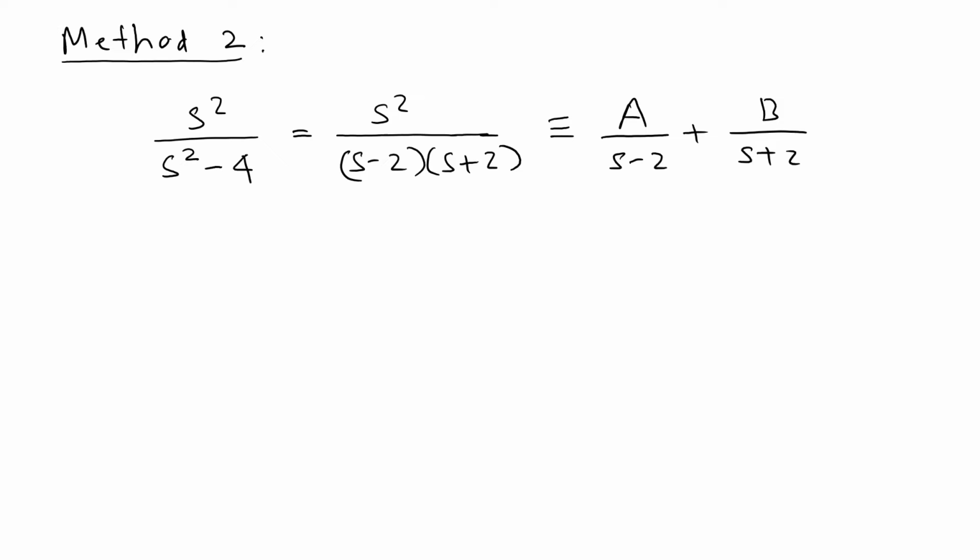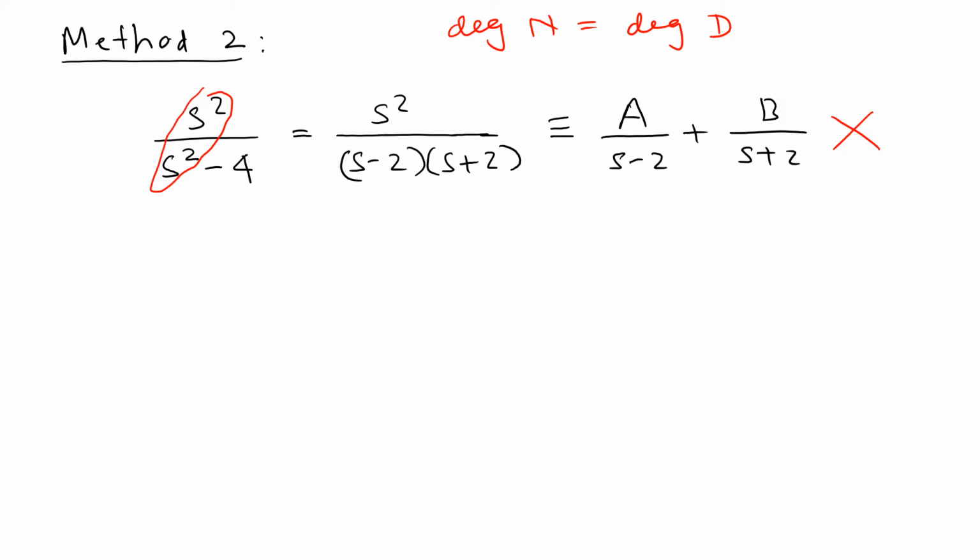Actually, this is incorrect. This is not what you get, so be careful with that. The reason is you can see these two terms are the same degree. The degree of the numerator equals the degree of the denominator. When this happens, you need to do the division.